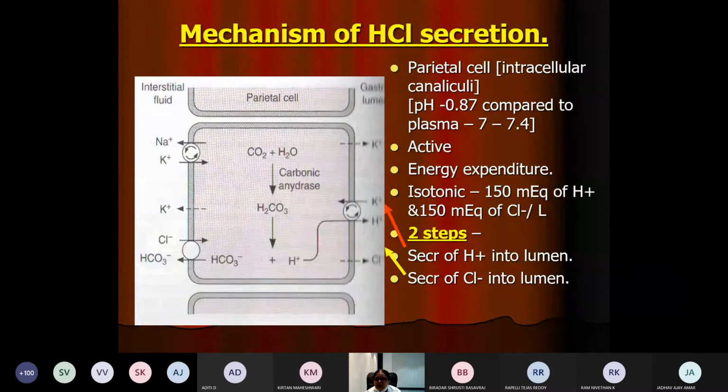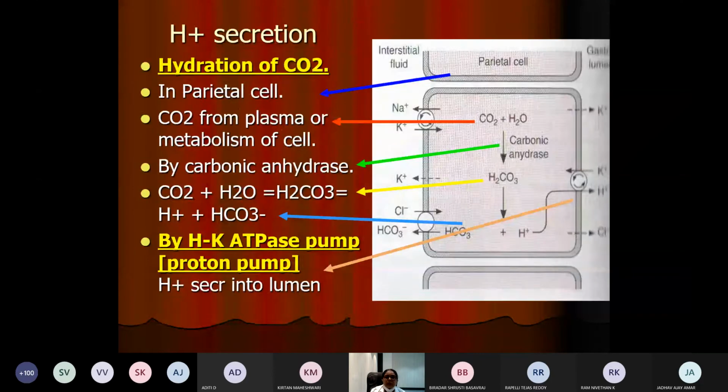It has got two steps: secretion of hydrogen into lumen, secretion of chloride into lumen. So hydrogen secretion in parietal cell: hydration of carbon dioxide.